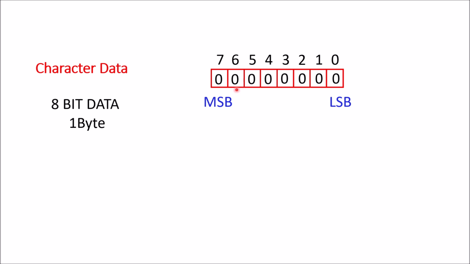The next one is, for instance, the character data, that is information that represents a letter or a special symbol. And what will we have here? We are going to use the easiest one, which is the ASCII code, which is 8 bits long data, and we basically take this information.